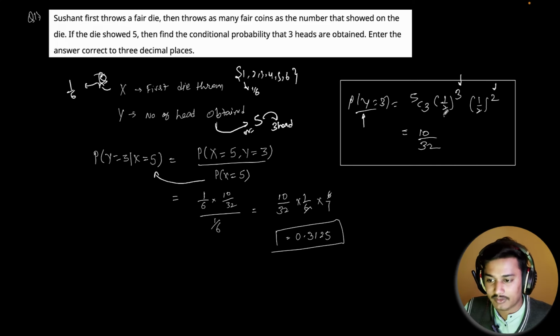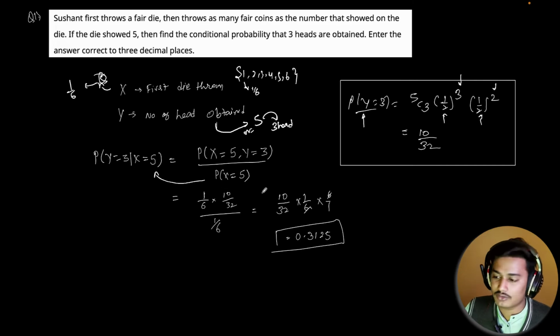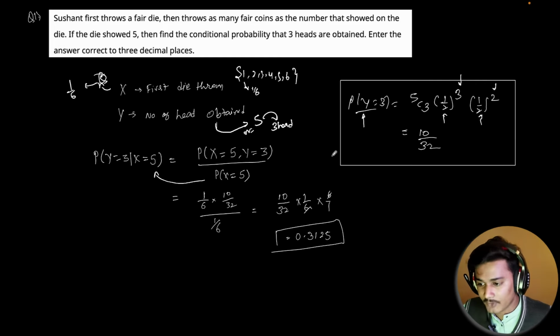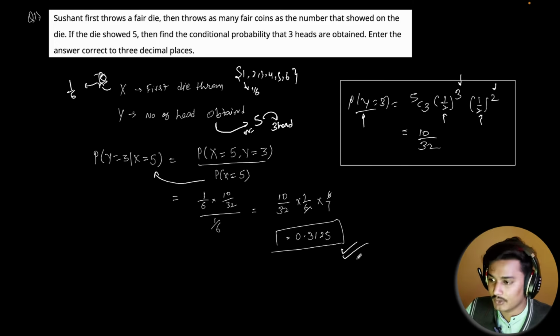One is the probability of success and the other is the probability of failure. So it will come to 10 by 32. So 1 by 6 into 10 by 32 upon P of X equals 5, which is 1 by 6. When we solve this, we get 0.3125.